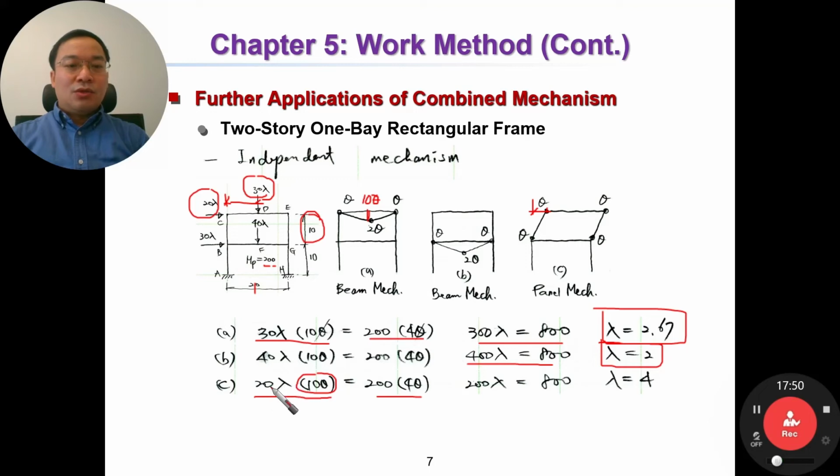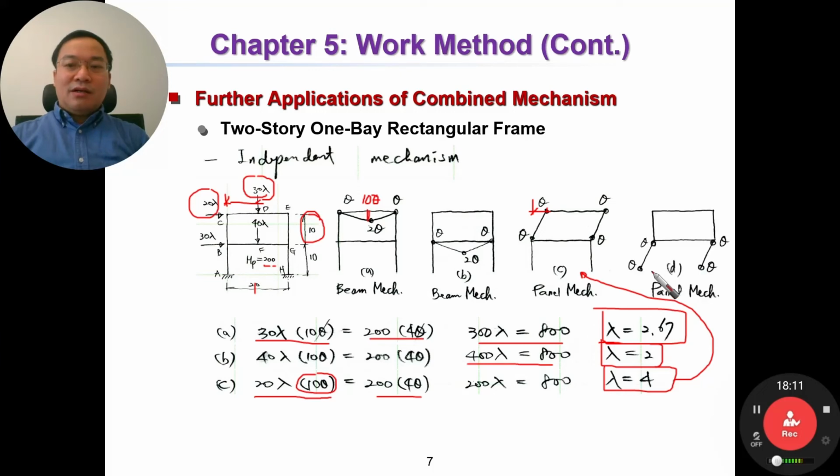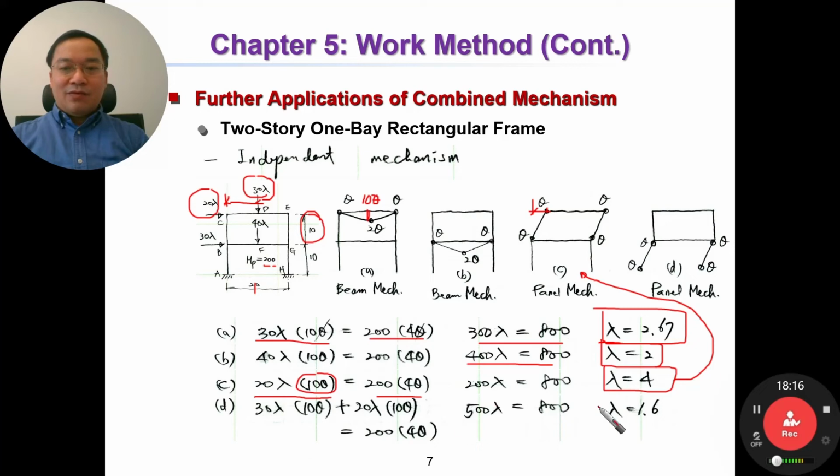Then 20 lambda multiplied by 10 theta is external work, and here is internal work. And finally we have lambda equal to 4. This solution corresponding to mechanism C. And similarly we have mechanism D. With mechanism D we have lambda equal to 1.6, okay, 1.6.